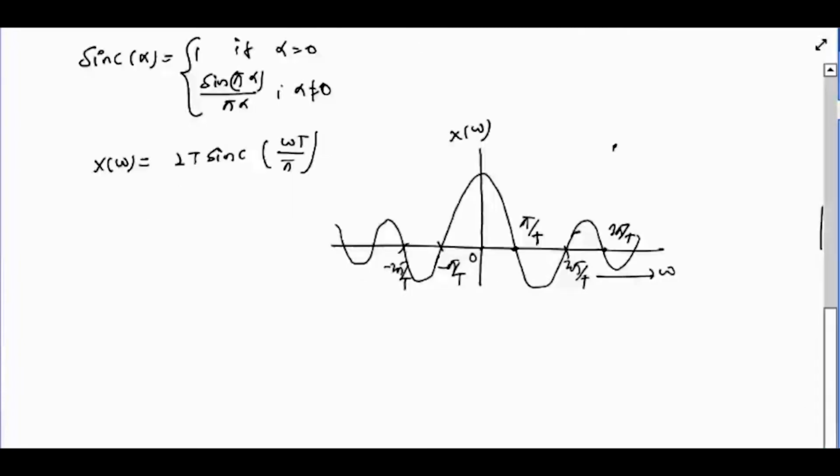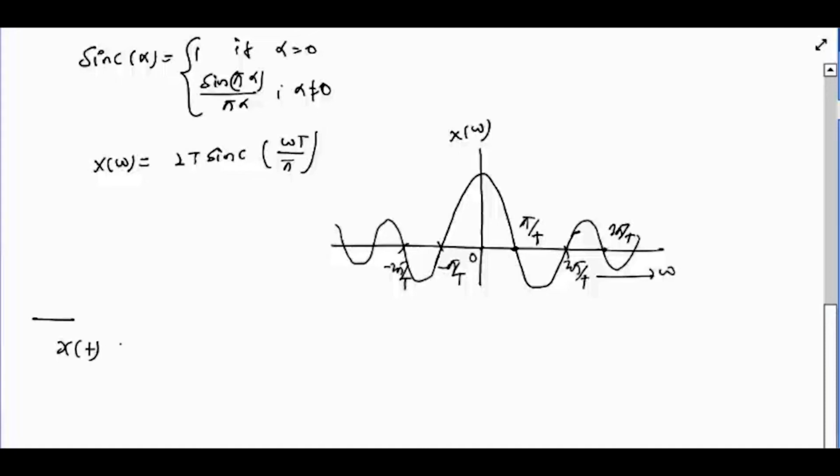Okay, now let's see. Having seen the Fourier transform of a signal, how can we retrieve the signal given its Fourier transform? So, the inverse of the Fourier transform, in other words, here is the relation.